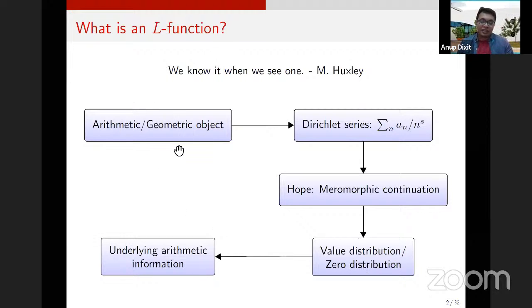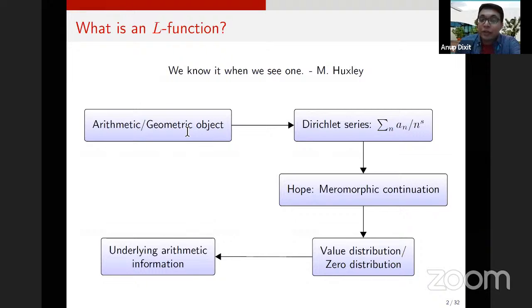So that is the general philosophy of L functions. We start with an object, associate a function to it, do some work on this function, and the resultant thing helps us gather information about the object that we began with.